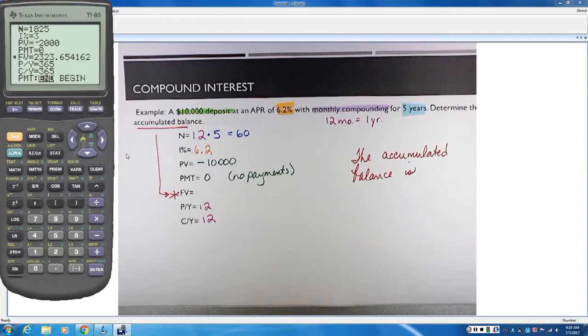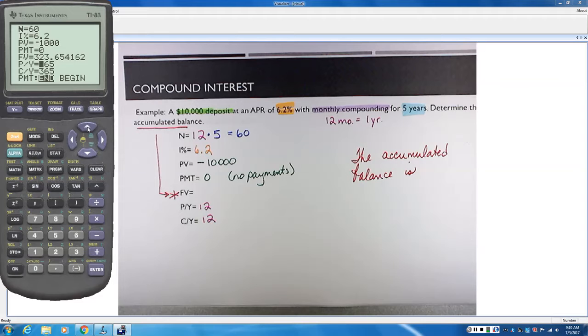So we'll plug all of our numbers into the calculator. 12 times 5 at 6.2% interest with an initial sum of negative $1,000 and no payments. We don't know what the future value is.